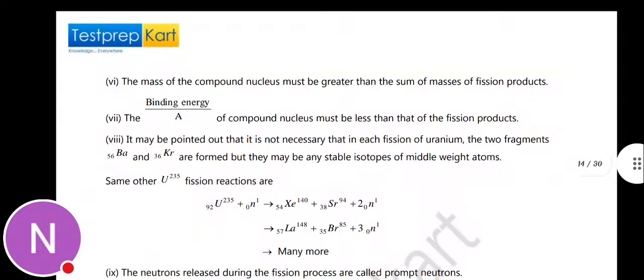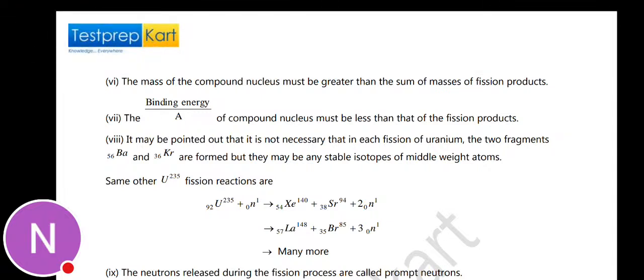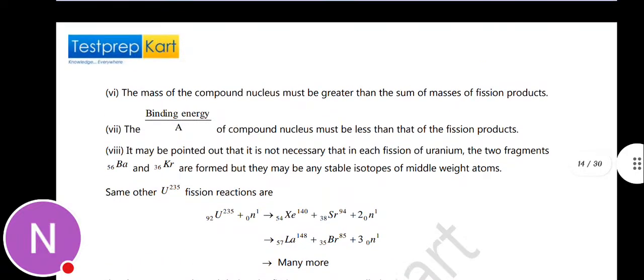The mass of the compound nucleus must be greater than the sum of the masses of the fission products. The binding energy per nucleon of the compound nucleus must be less than that of the fission products.